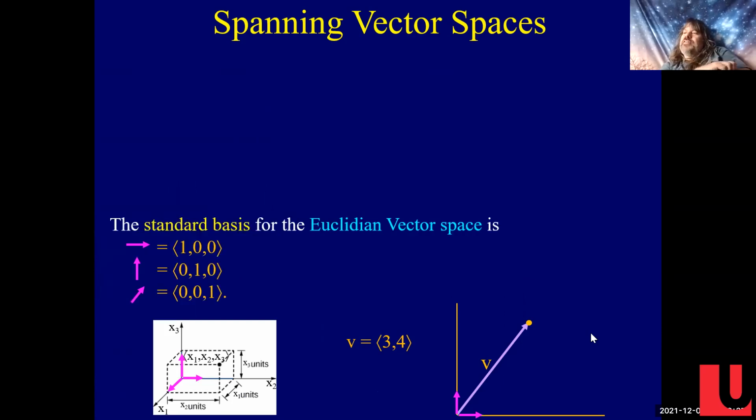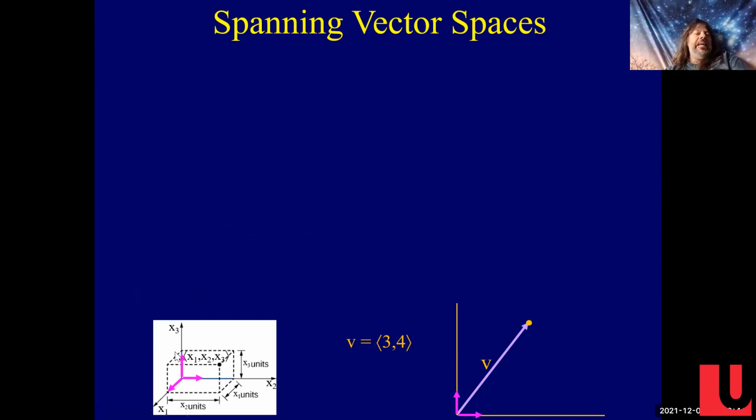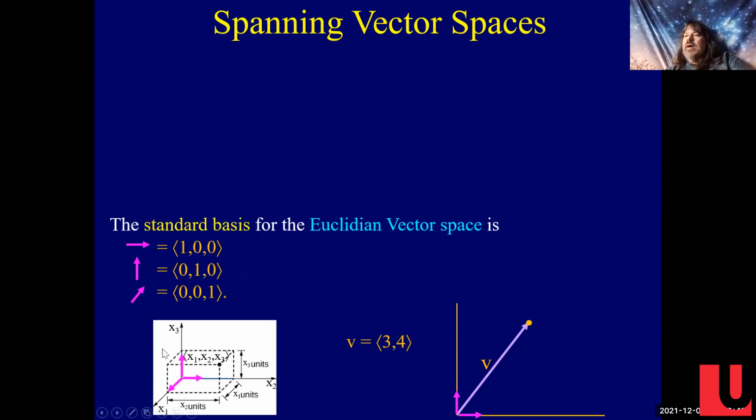And then any reasonable vector space will have what you can think of as a standard basis. And what is a basis? If you have a d-dimensional space, then it's d linearly independent vectors. And here, these are just the perpendicular standard unit vectors.